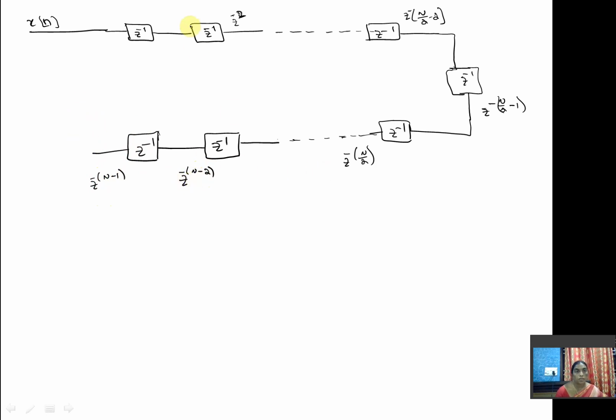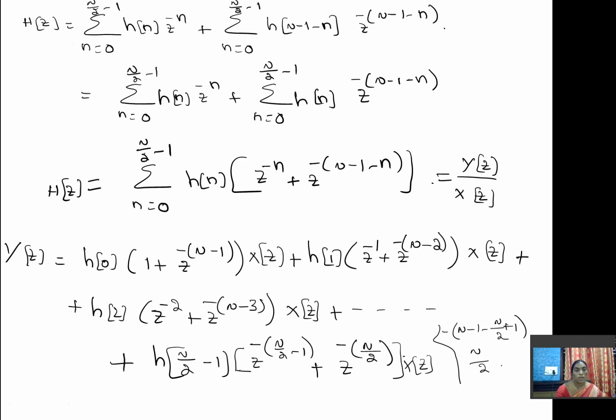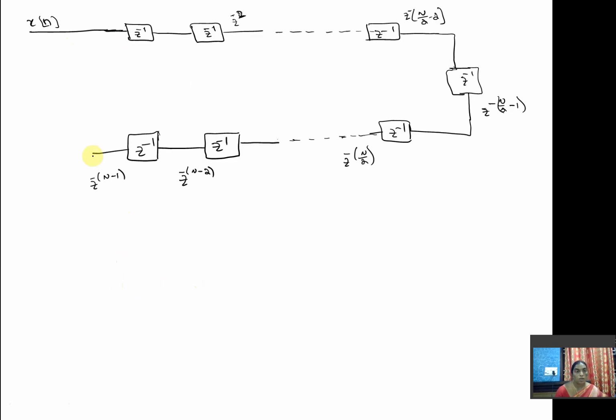So consider like this. So now here we should add this z power minus of n minus 1 with the 1. Okay, so now see this, here we have z power minus of n minus 1.